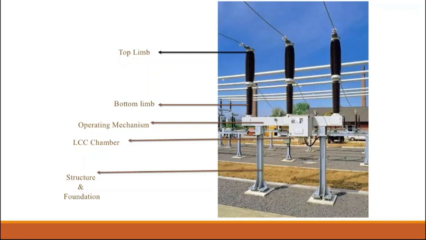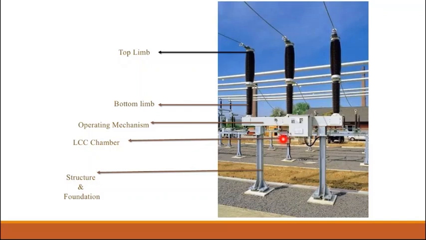For example, here the top limb is connected. Let us consider this is for an incoming line. This is connected towards the line, and the bottom limb is connected to the bus bars.